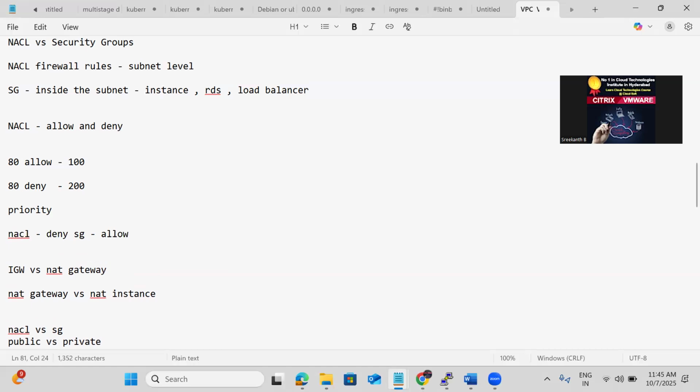Then can I connect to that instance? So what is the difference?